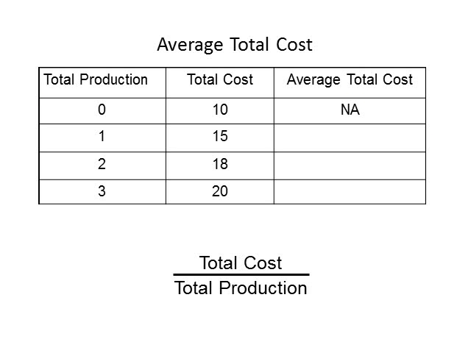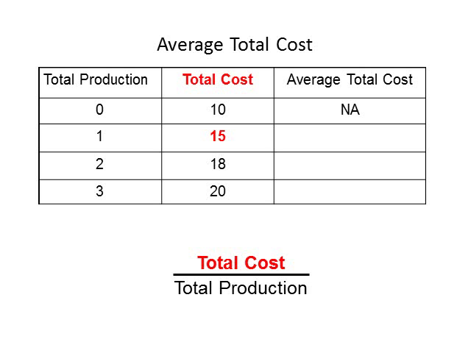Next, we'll write down the formula for calculating the average total cost: total cost divided by total production. Next, locate the total cost column on the table and in the formula. Notice that the total cost in the second row of numbers is 15.